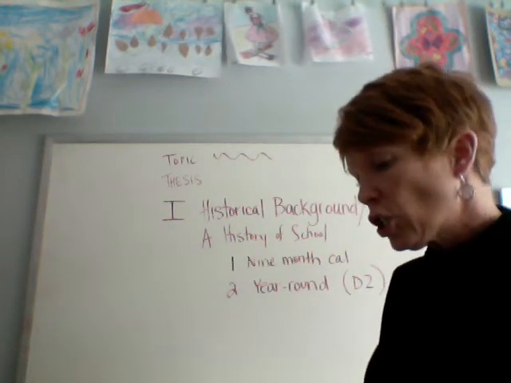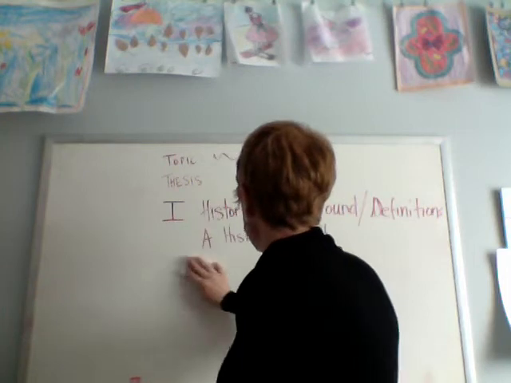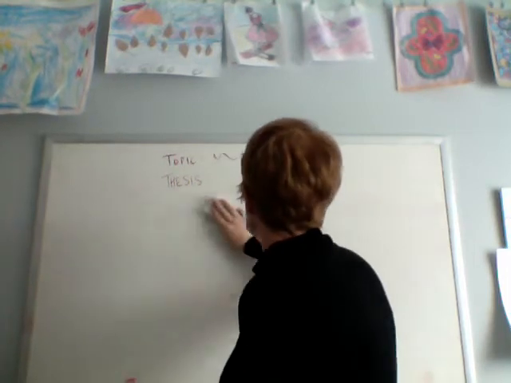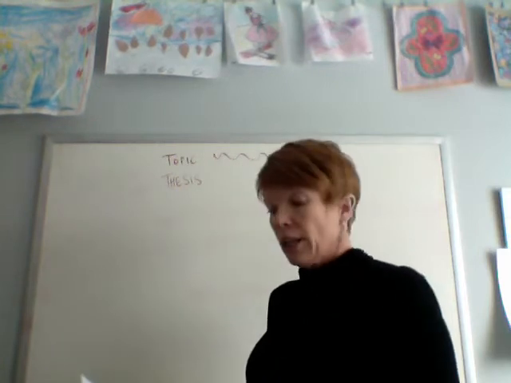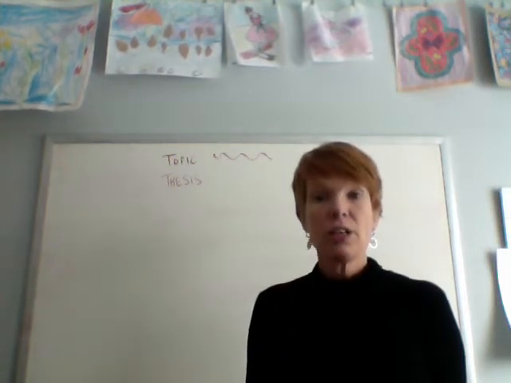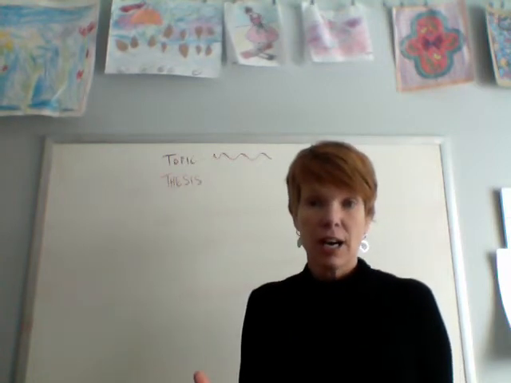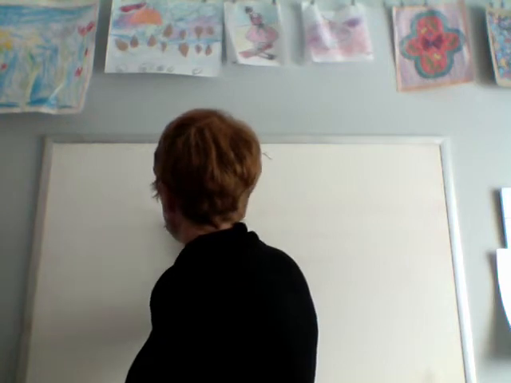So what I want to show you is what you're going to do beyond this historical background definition paragraph, okay? You're going to sit down with your very first envelope, the one that you think should be first discussed, and that's going to be your Roman numeral 1, okay?